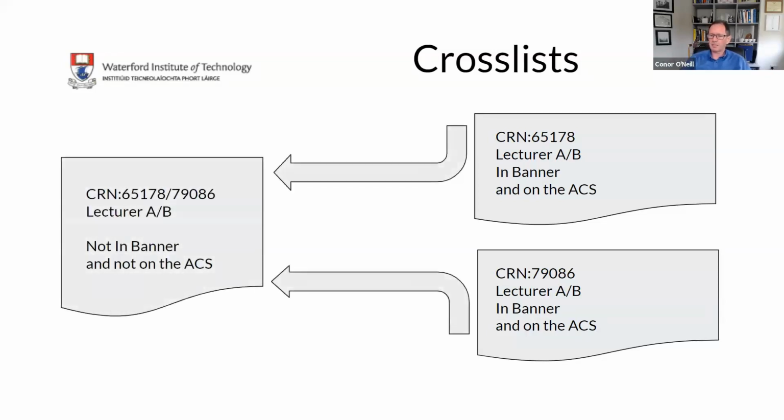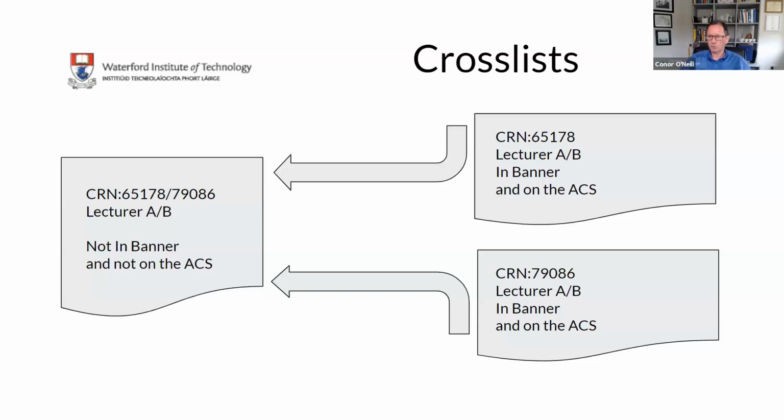And what happens then is we combine the 2 CRNs. Now again, this cross list doesn't exist on Banner, and it's not on the approved course schedule from a systems point of view for ISOs. The module is on the approved course schedule, but the cross list that we create in Moodle is not.